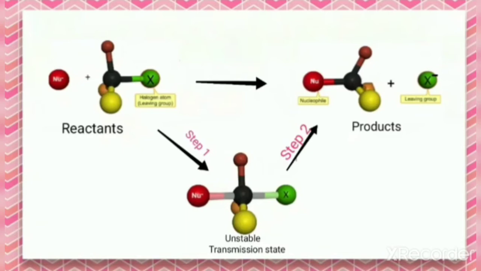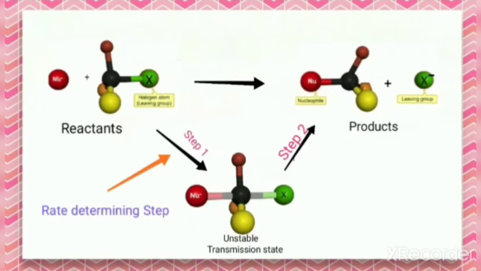As we have learned in chemical kinetics, when the reaction takes place in more than one step, then the slowest step is the rate determining step. So in this case, step 1 is the slowest step, therefore we call this step the rate determining step.